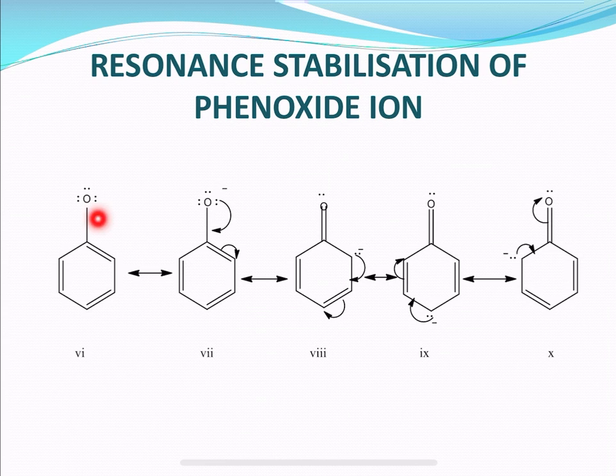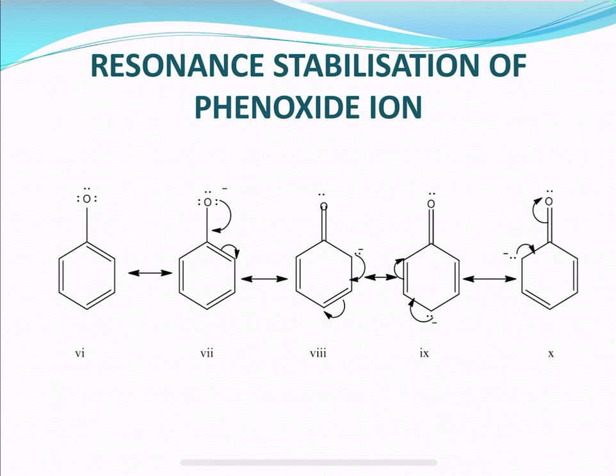In the same way, the rearrangement of bonds in the phenol takes place. This is a clear representation of resonance stabilization of the phenoxide ion. Due to the resonance observed in phenols, the stability of the phenoxide ion is more.